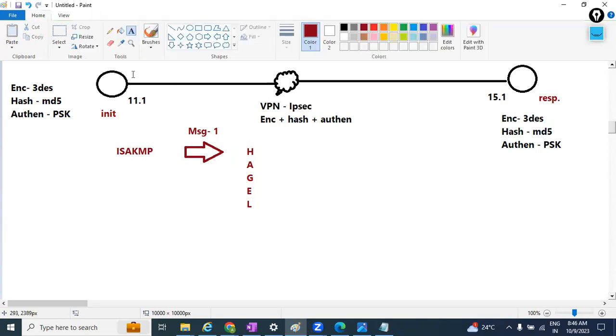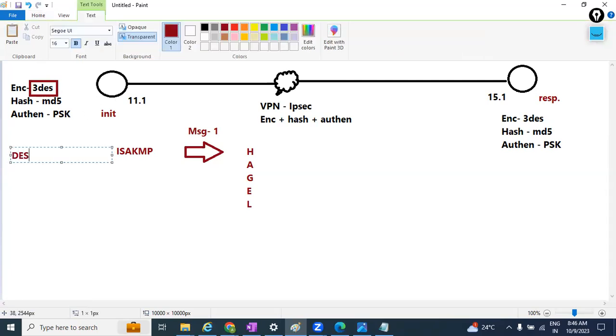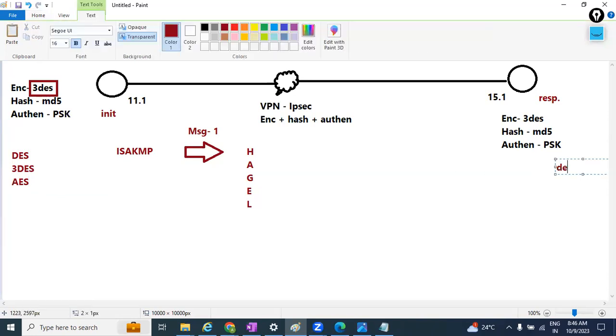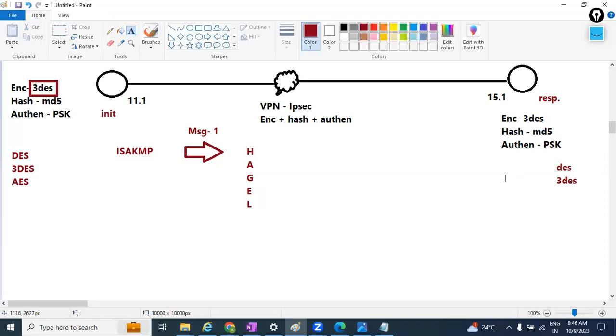See, this is the initiator, and there is a possibility that as a network admin I configure 3DES on this device. Let's consider this device supports 3DES and AES. Another device can support only DES and 3DES. So AES is not there.